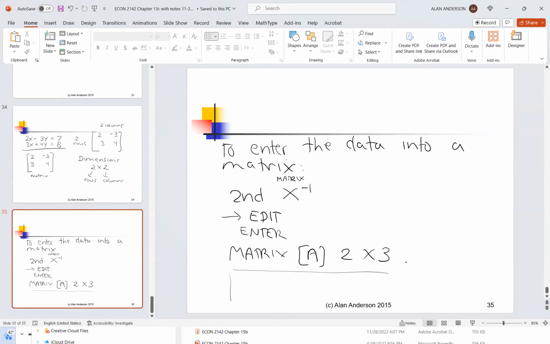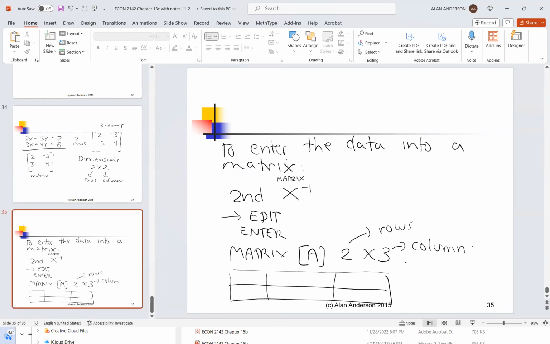So what you're going to do is type it in. It's not a coincidence. It's giving you room for all 6 elements of our observed frequencies. And that's because you asked for a 2 by 3 matrix, 2 rows, 3 columns. Okay, so you're going to enter them.